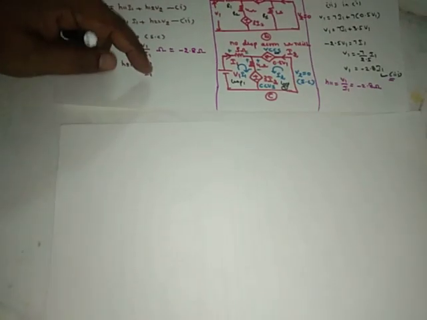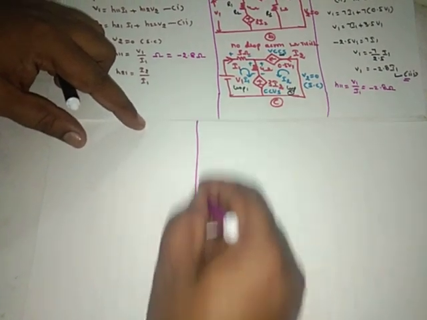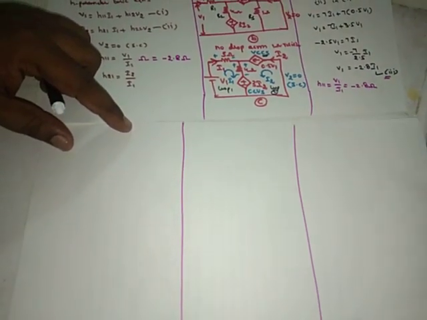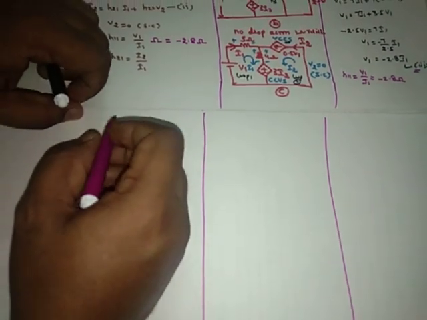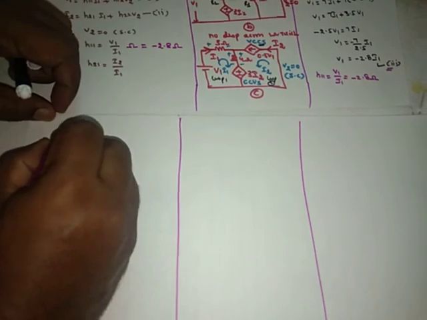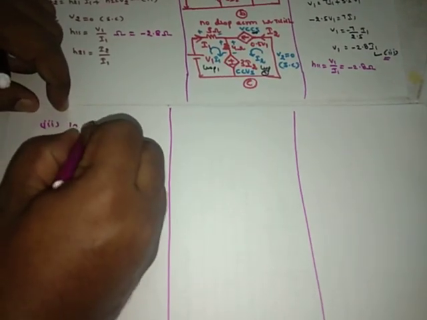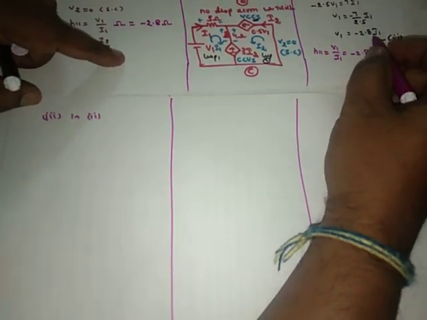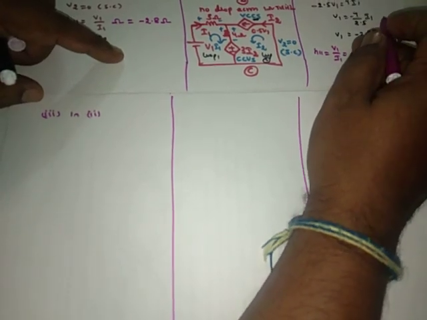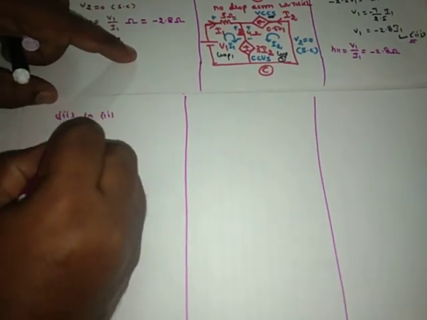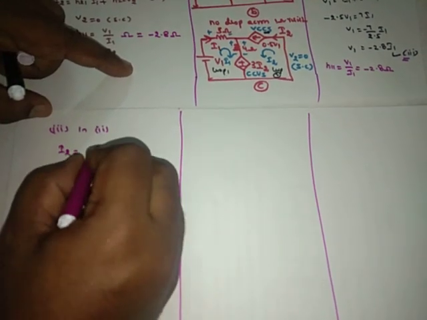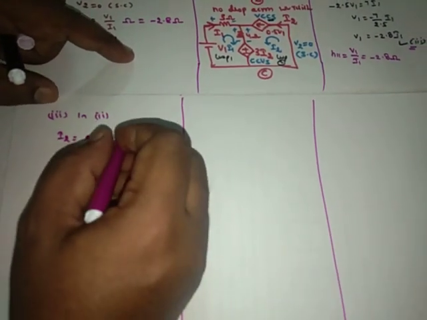Now substitute the V1 value in 2. I2 is equal to 0.5 V1.